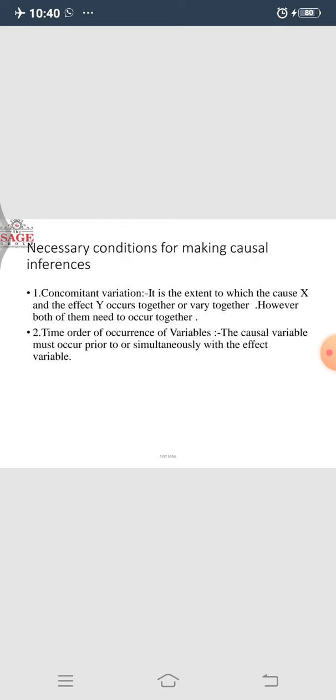Like in the example of the headache, if I take medicine and the headache subsides, it is a concomitant variation. But if my headache goes off with a cup of tea and then I take medicine, we cannot say that the headache subsided because of the medicine, because the effect came first and was followed by the cause.